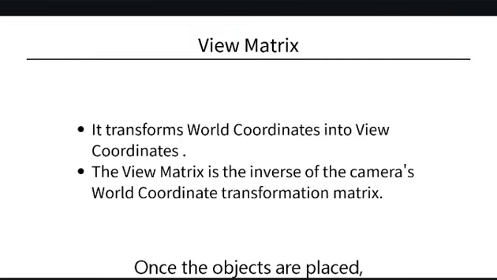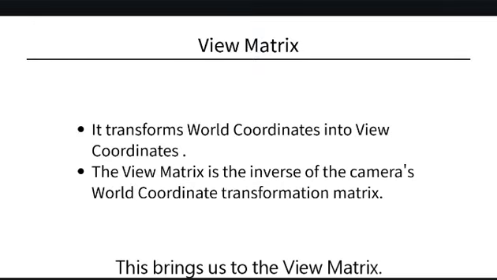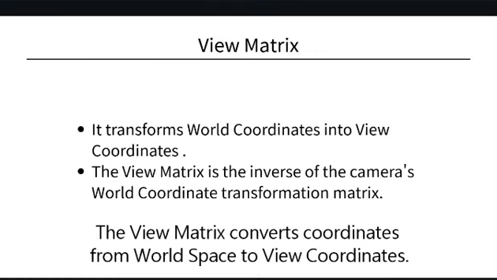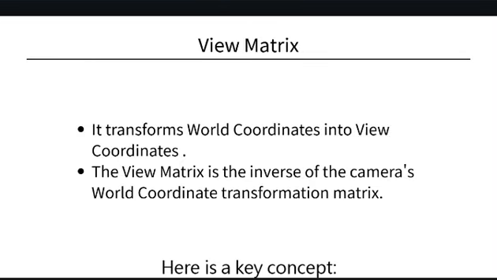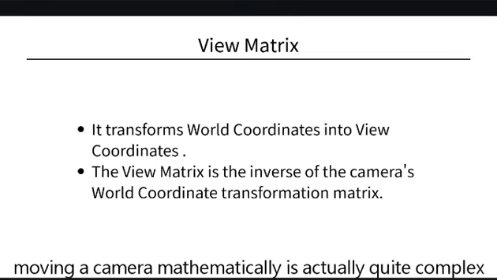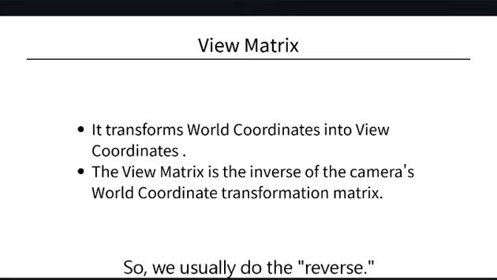Once the objects are placed, we need an observer, a camera. This brings us to the view matrix. The view matrix converts coordinates from world space to view space. Here is a key concept. Moving a camera mathematically is actually quite complex, so we usually do the reverse.